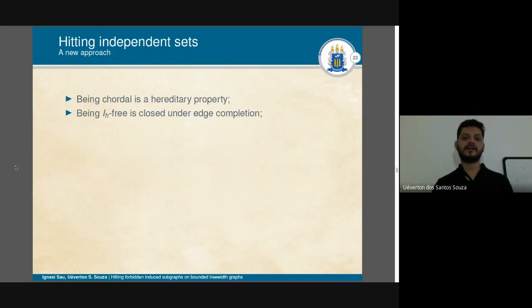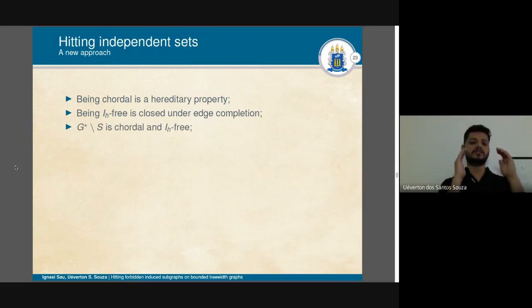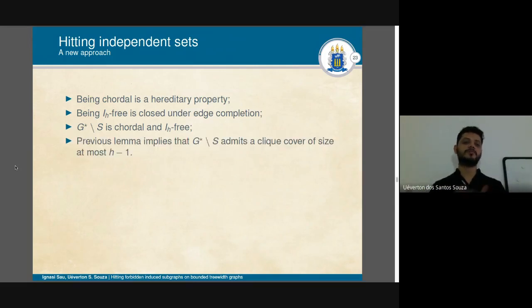Being chordal is a hereditary property, and the property of being free of independent sets of size h is closed under edge completion. Then we obtain that the chordal graph G star minus the set of vertices S is also chordal and free of independent sets of size h. Then, by the previous lemma, this graph has a clique cover of size at most h minus 1.